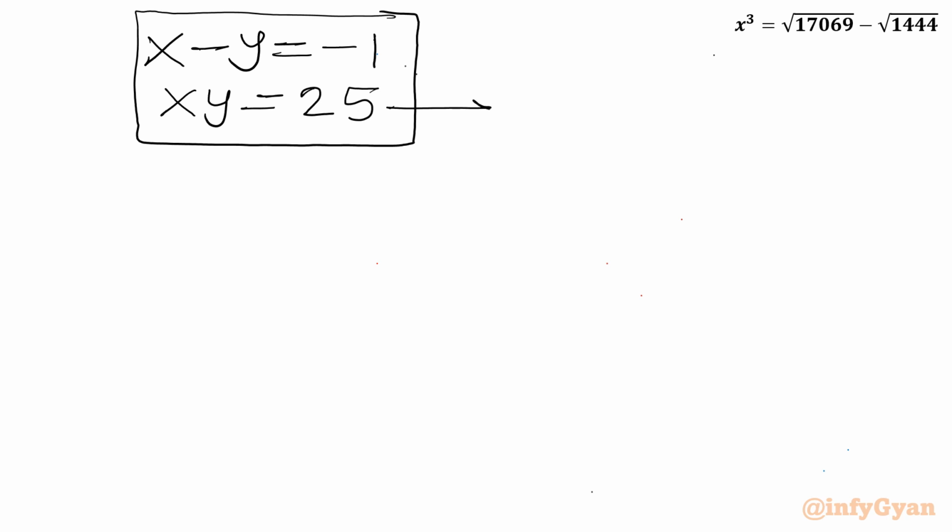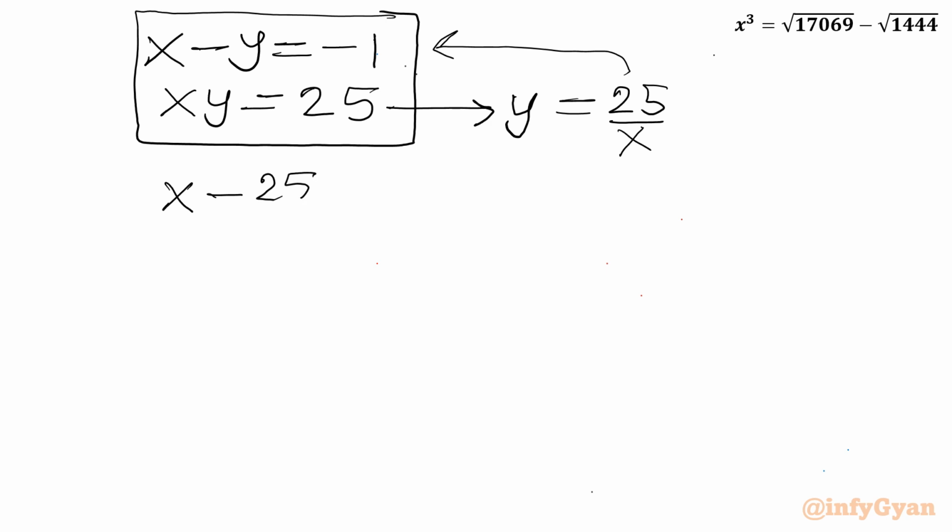So from the second equation, I can write the value of y. So y will be equal to 25 over x. And I will apply in equation 1 here. So I will write here x minus 25 over x equal to negative 1. Multiply both sides by x.